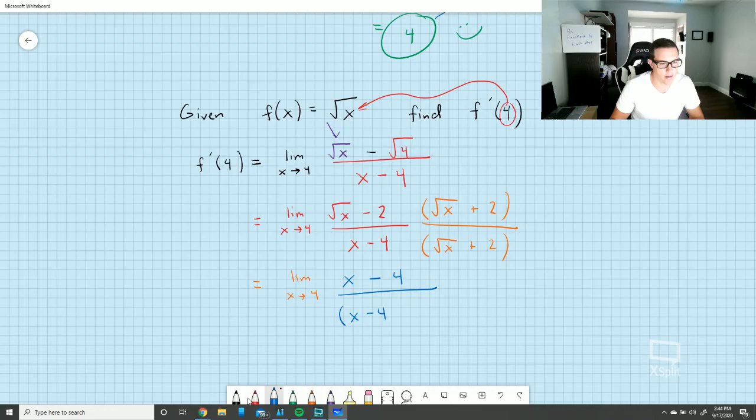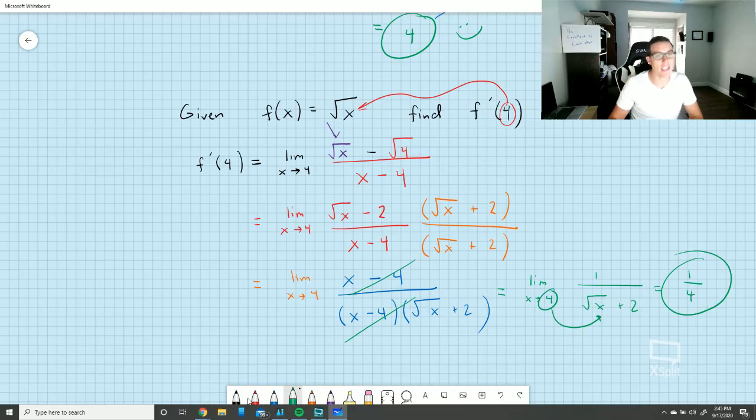Hey, look at that. The x minus 4s will cancel. We are left with the limit as x approaches 4 of 1 over root x plus 2. And we can plug this in. And it looks like we get an answer of 1/4.